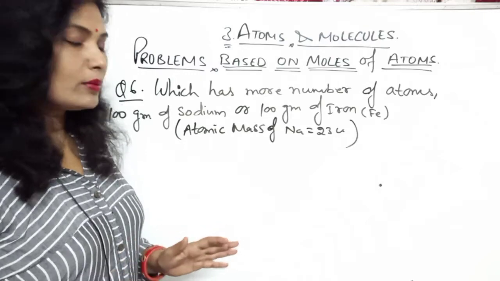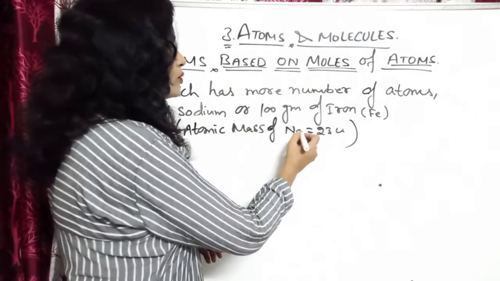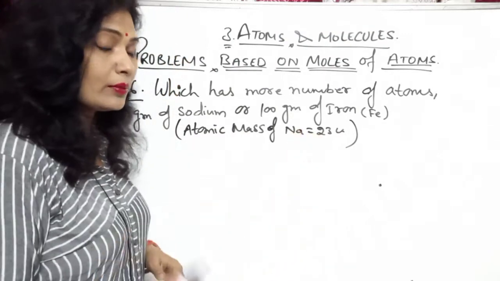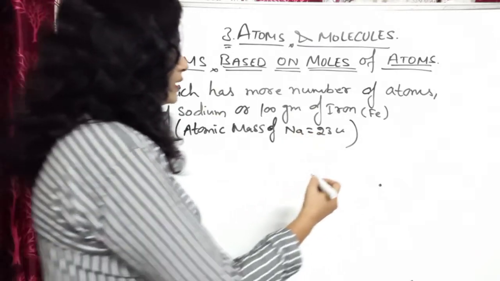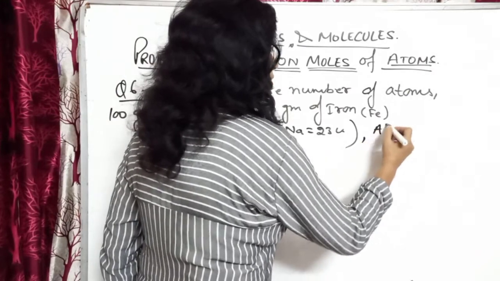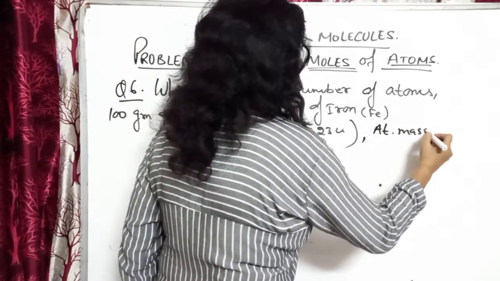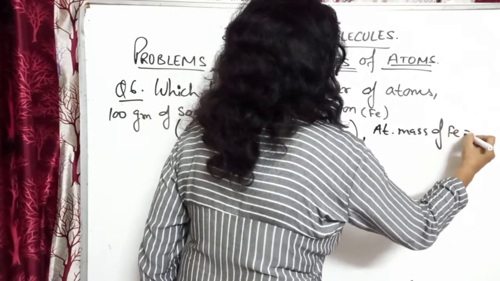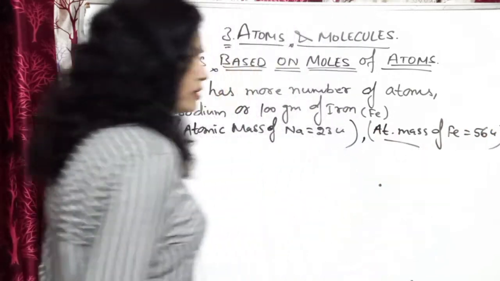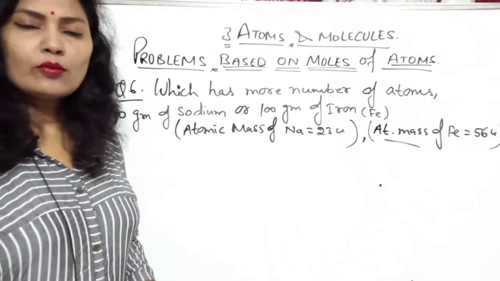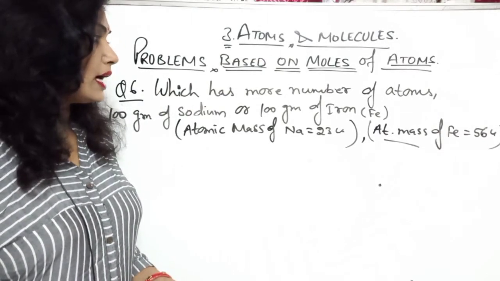So, some variable cases will be there, otherwise most probably it is double the atomic number. Atomic mass of sodium is 23, and atomic mass of iron is 56 U. Got it? So, these are the atomic masses of these two elements.